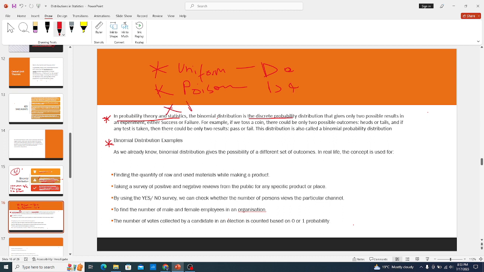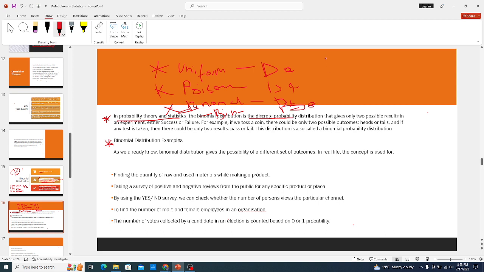Binomial distribution is also a discrete distribution. Also Bernoulli distribution, it's also a discrete distribution.